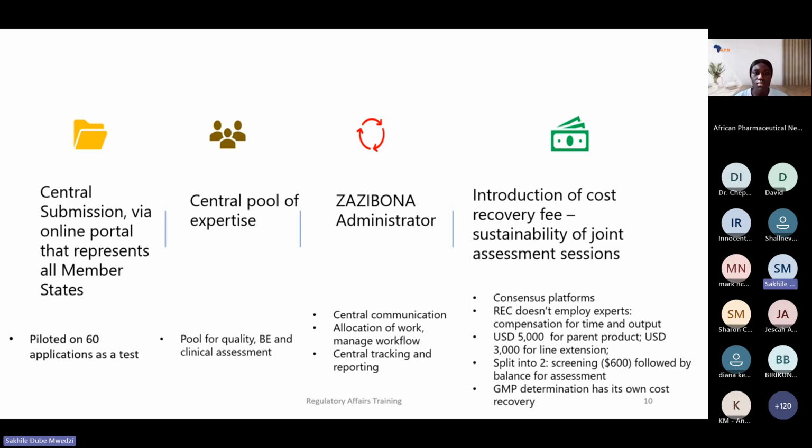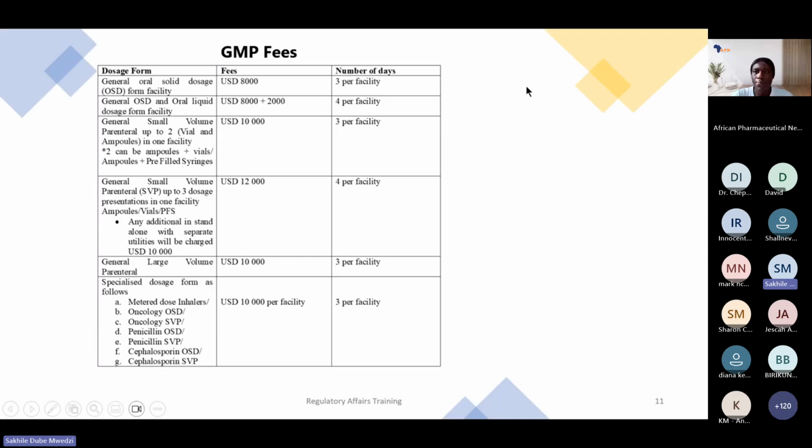And then another thing to note is that GMP determination was always on a cost recovery right from the beginning, and that is still going to continue. It will not change. So GMP has its own separate fees, and I'm going to project those fees now.